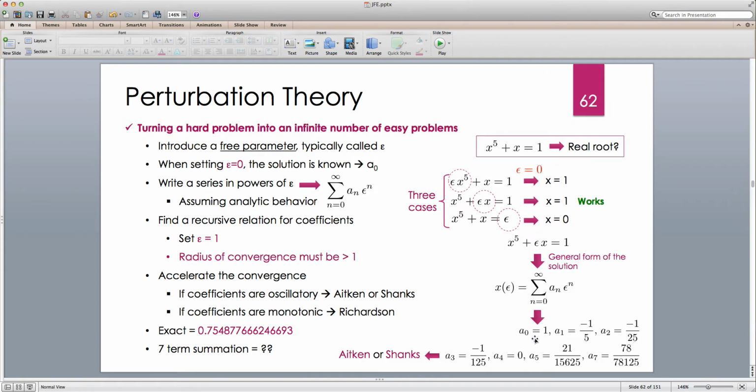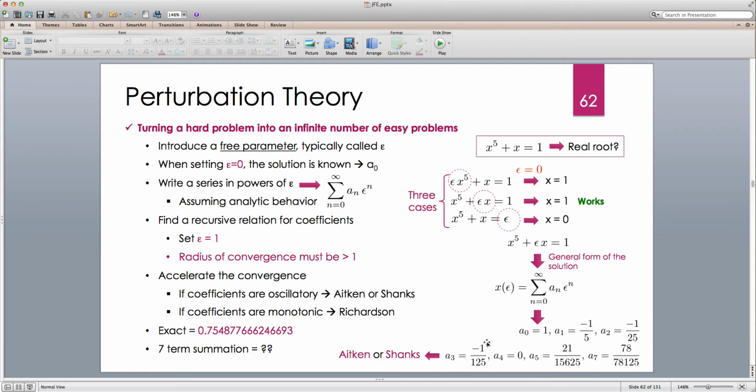So a0 is 1. And then what we do, we put this series into this problem, and then find the coefficients in a recursive way. So a1 turns out to be minus 1 over 5. A2 turns out to be minus 1 over 25.